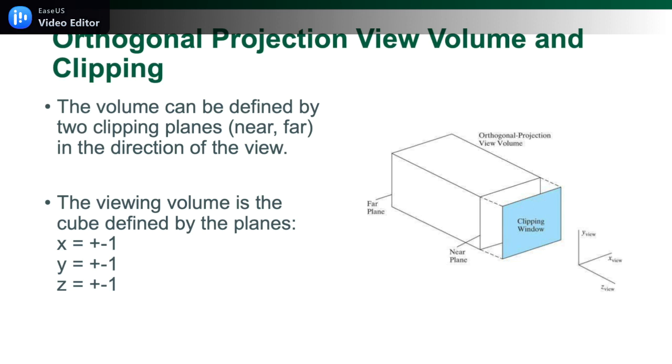Now the view volume is a cube that is defined by the planes x plus 1, x minus 1, y plus 1, y minus 1, z plus 1, z minus 1. So between these planes is our view volume, and x, y, z is the point of the object we want to project.